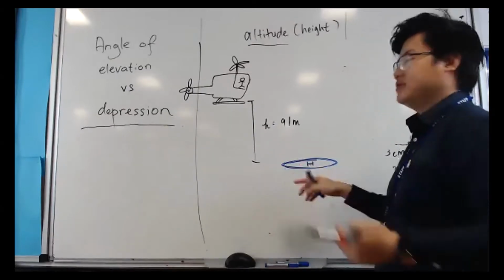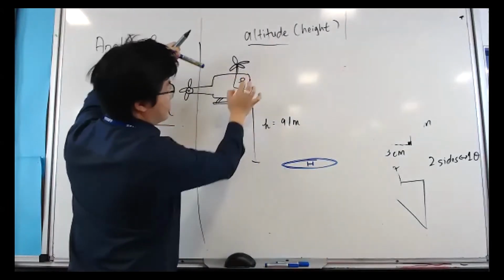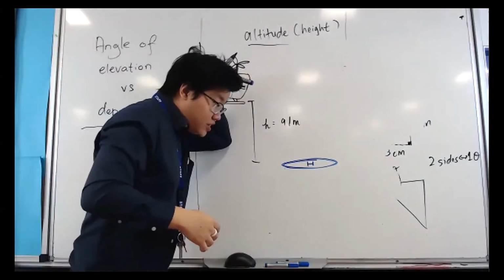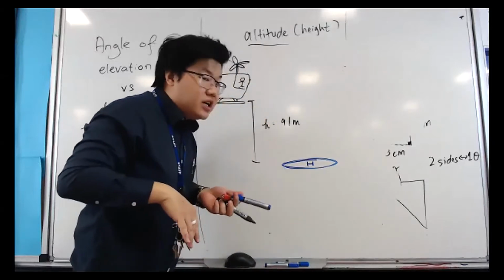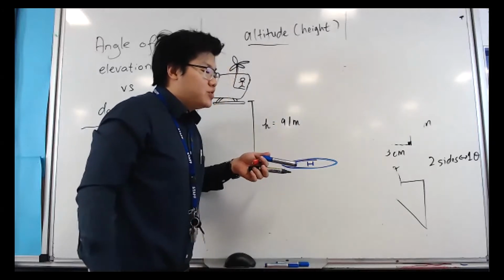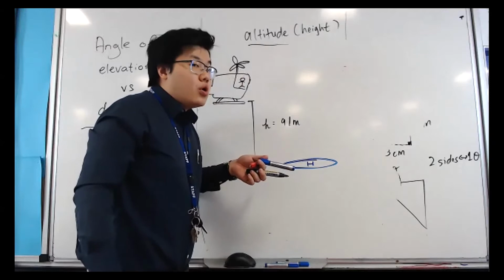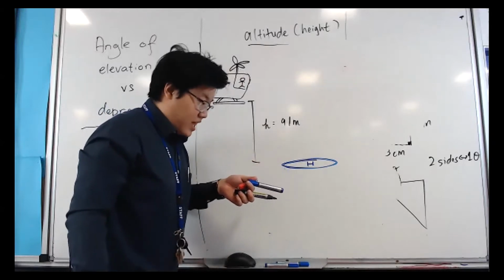So that's a helicopter landing pad. All right, sight means the pilot is looking at the landing pad. Now, if the pilot is flying the chopper at 91 meters above sea level, how is he going to spot the landing pad? He's going to tilt his head down, right?